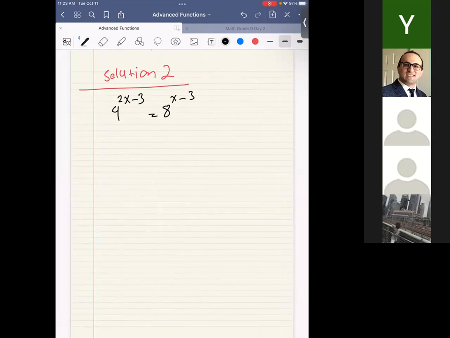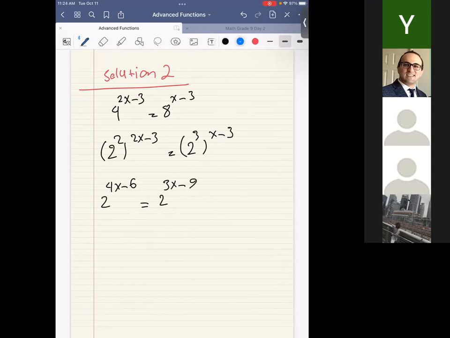Solving this is quite easy because we can write 4 as 2 squared and 8 as 2 cubed. If you simplify the exponent, you get 2 to the power 4x minus 6, because 2 times 2x minus 3 is 4x minus 6, and 3 times x minus 3 is 3x minus 9.